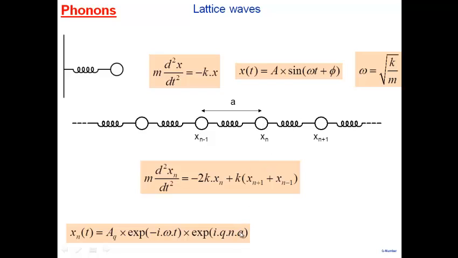A is the lattice constant. And if this is omega, then q is like a wave vector. Normally people may use k here, but since we are using k for the electron wave vector, I've used q here to denote the wave vector. So you can substitute here and you can see that it satisfies this equation.